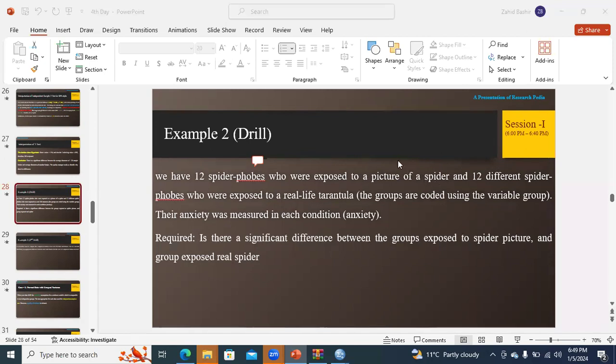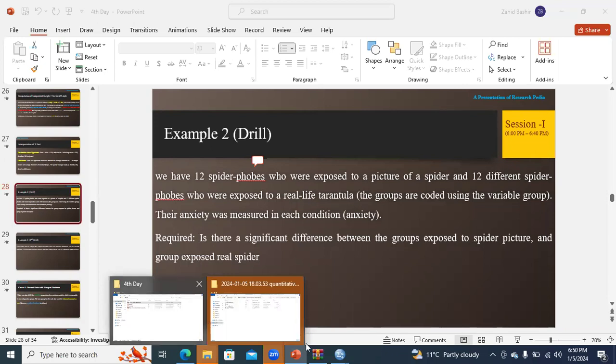There are 13 people who have joined. So if anyone has any question, he or she may ask, or you may apply the drill to understand the whole procedure on the example 2 dataset.